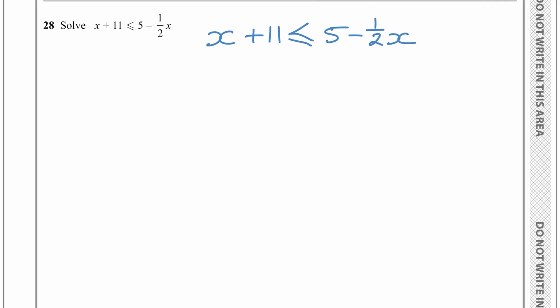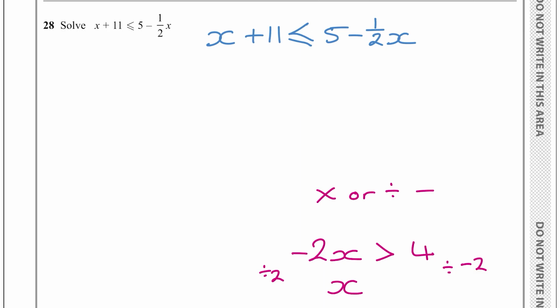The only time it would be different is if you were going to multiply or divide by a negative value. So if you had, say, negative 2x is greater than 4, and you divided both sides by negative 2, and you had x, you would have to flip this sign.